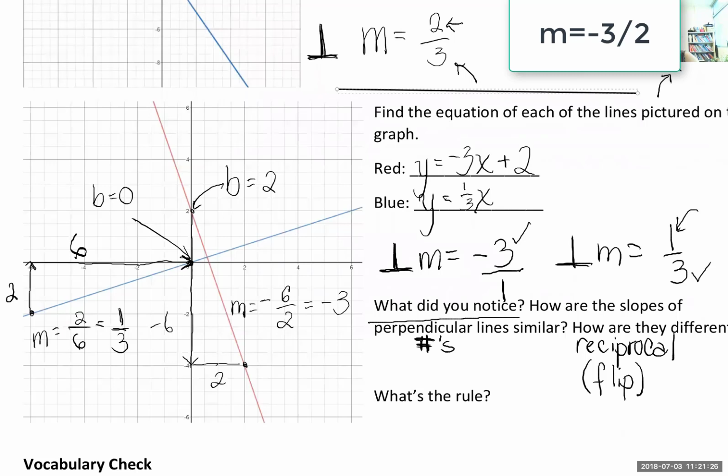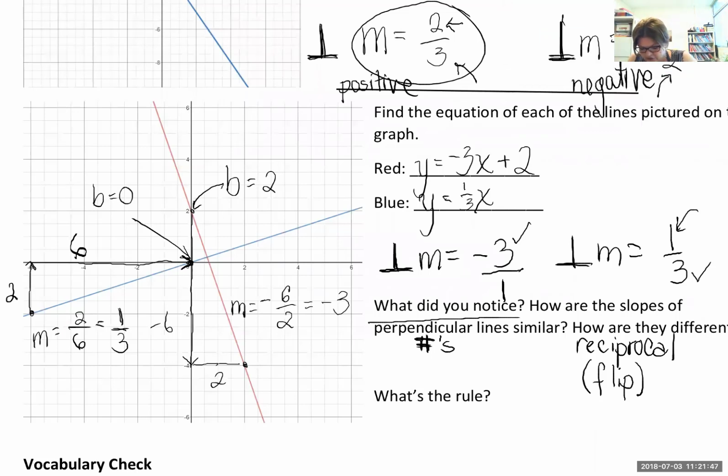On the top, this first slope was positive. And then on the bottom one, this second guy's slope was negative. Does the same hold true of the other one? Indeed, our first line this time, our red, was negative, and then our second example was a positive.